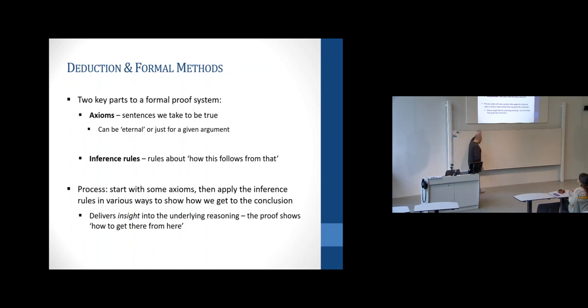So what we get is something that shows an argument is valid, and it gives us insight into literally how to show that it's valid, how to go from the premises, from the axioms or assumptions, to the conclusion itself. I'm talking about this very generally. I'll give you an example of one in a couple of slides, but I want to keep talking about the rules and things first.